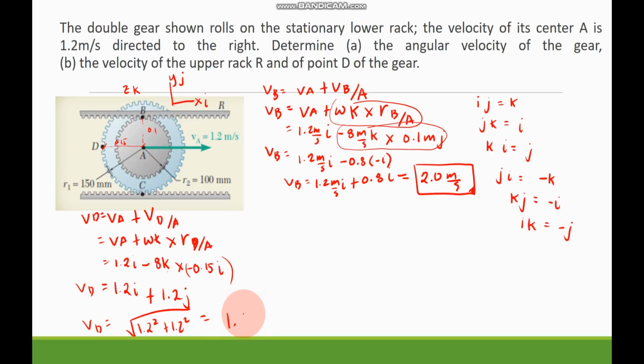It is equal to 1.697 meter per second. And then let us take the angle of D with respect to the horizontal. So if we have the velocity of D, we will take this one.